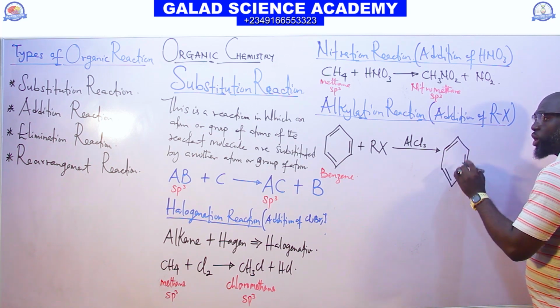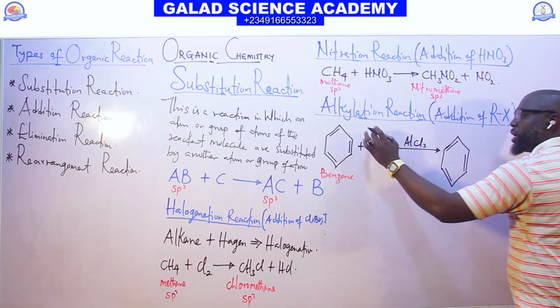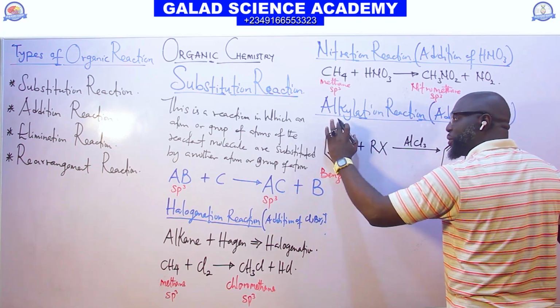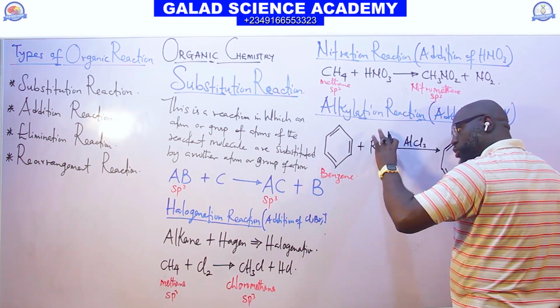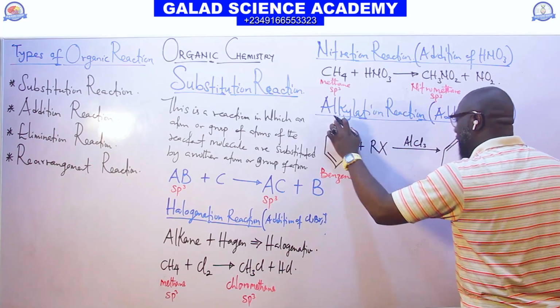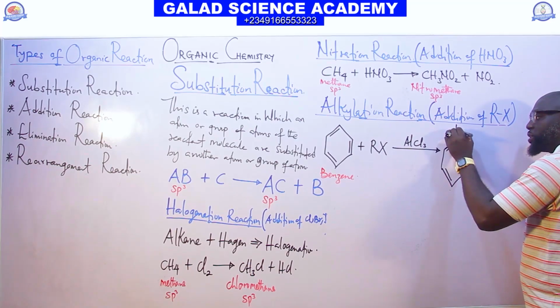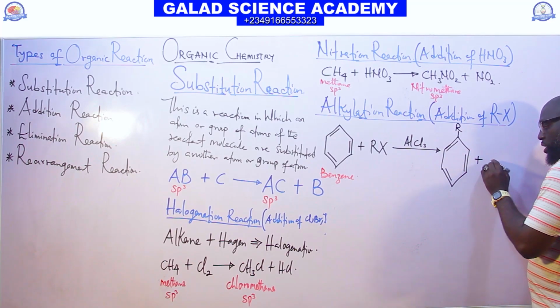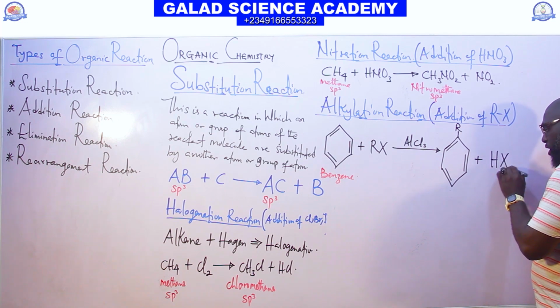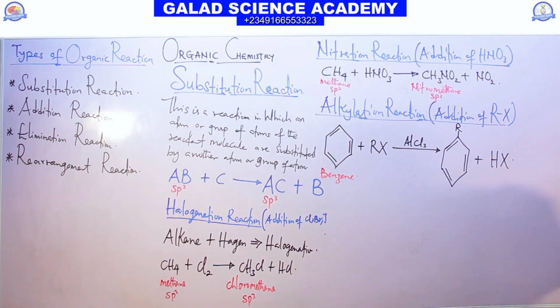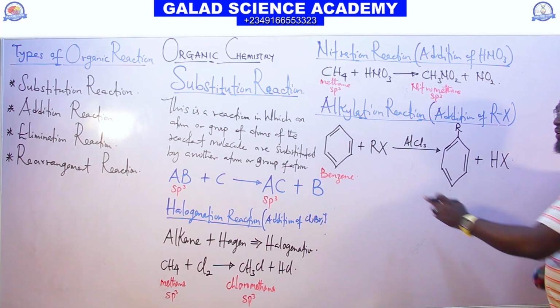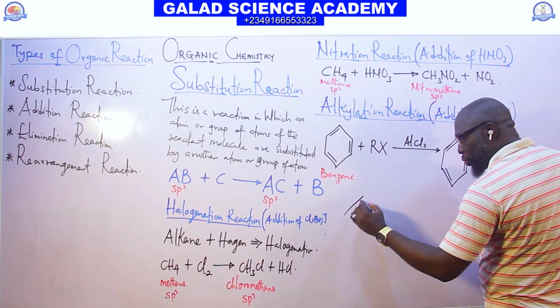It's like a mini structure. And this alkyl group here replaces the hydrogen, because we call it a substitution reaction. So here we have the alkyl product plus HX. But let me remove this and put one element.